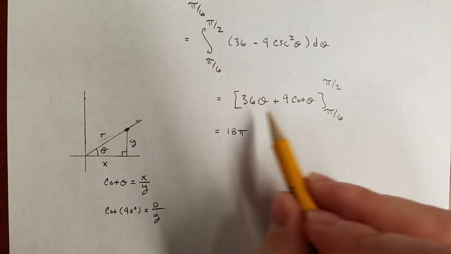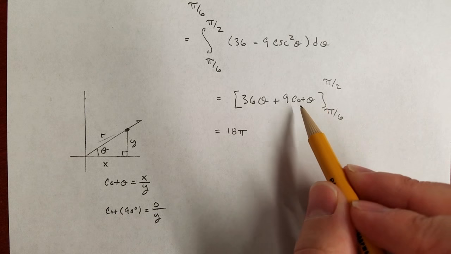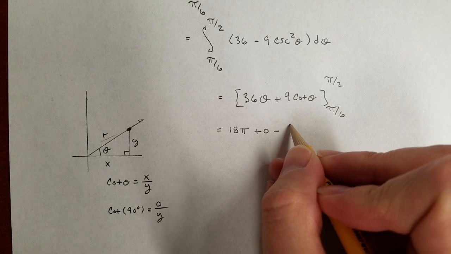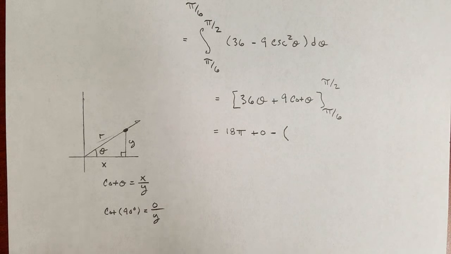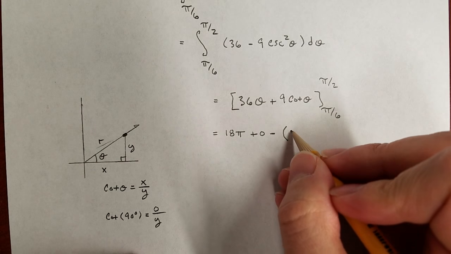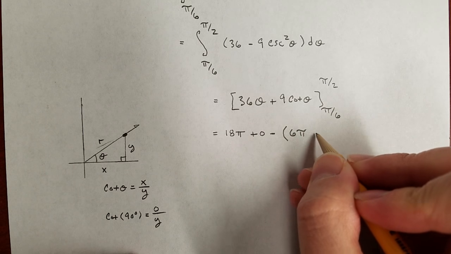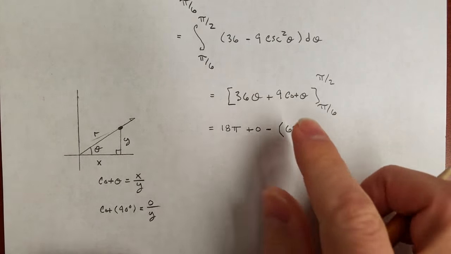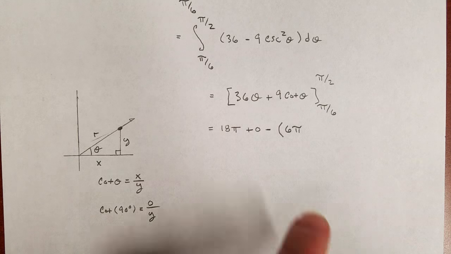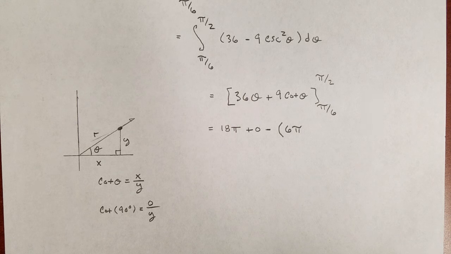So, putting pi over 2 here, I get 18 pi. Pi over 2 here, I get 0. And then minus whatever pi over 6 gives me. This will give me 6 pi. And then cotangent of pi over 6: here I really could do 1 over tangent, because tangent of 30 degrees is defined.